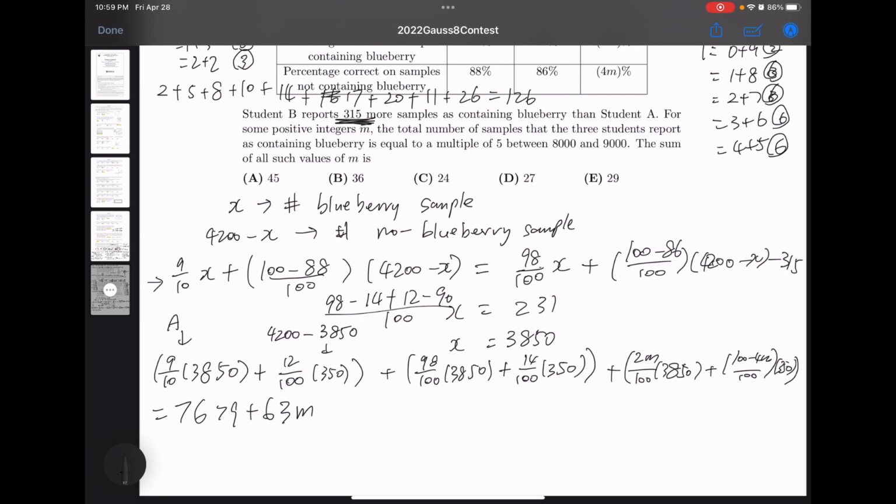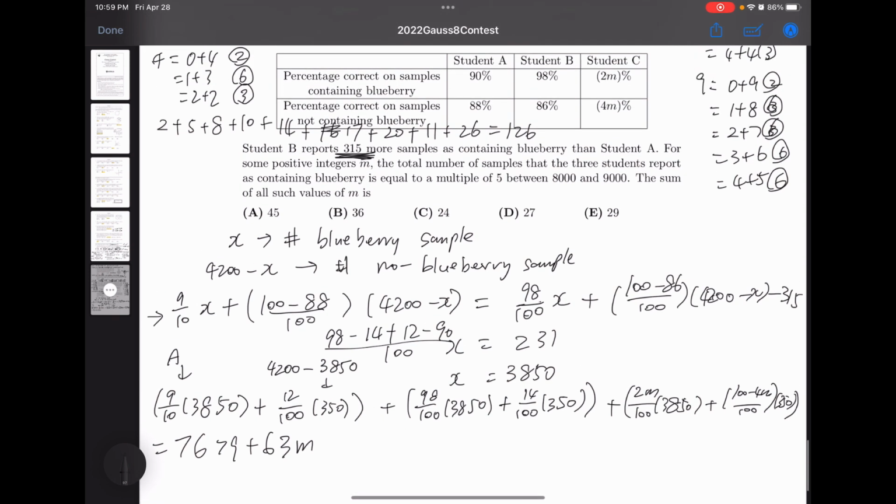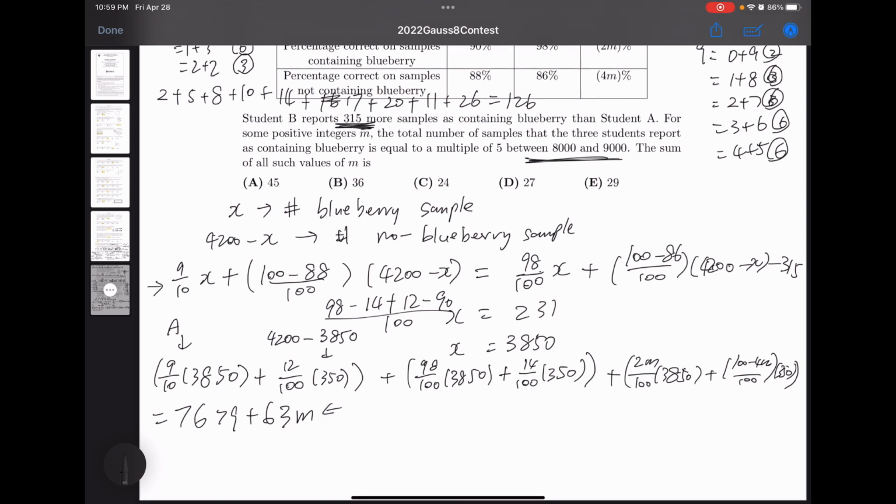So because the question already told us that the number resulted from the equation should be between 8,000 and 9,000, therefore we get that 8,000 is smaller or equal to 7679 plus 63m, which is also smaller than 9,000, and therefore m would be greater than 6 and smaller than 20 inclusive.